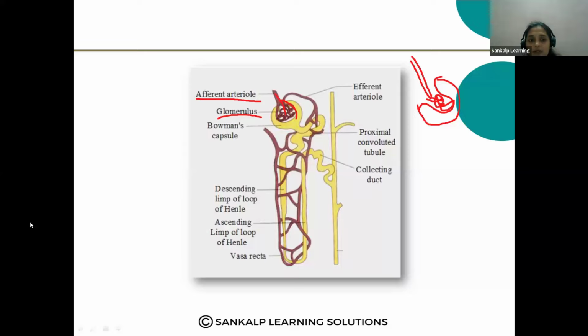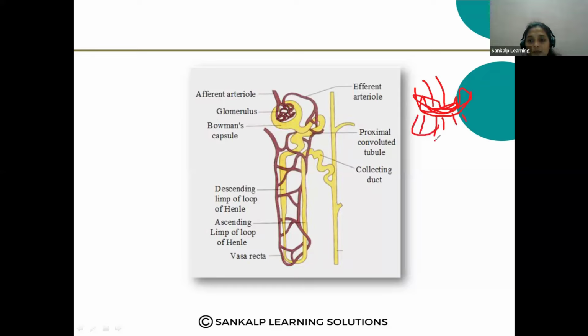How does it take place? Inside the glomerulus, there is a membrane that helps in the filtration of the blood.